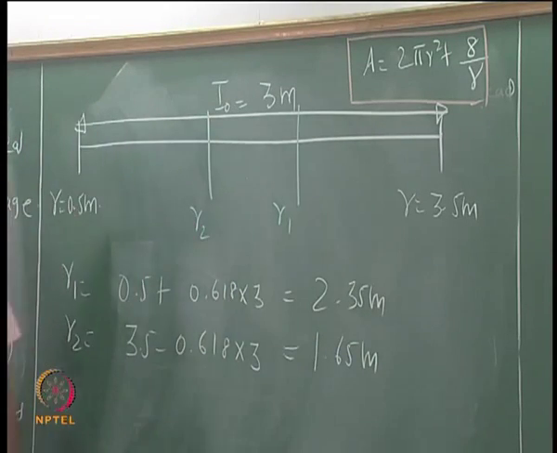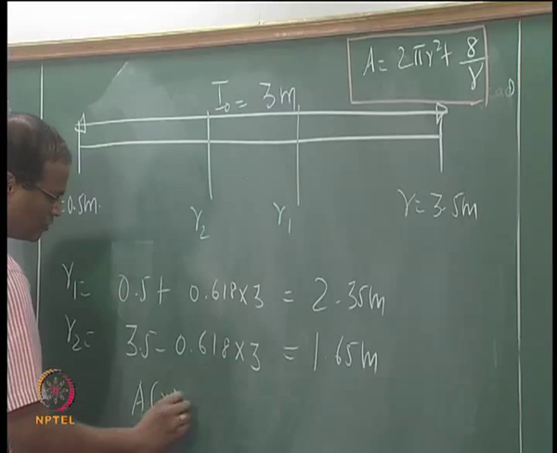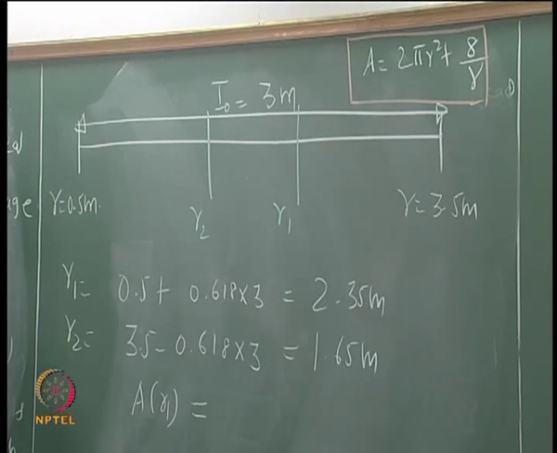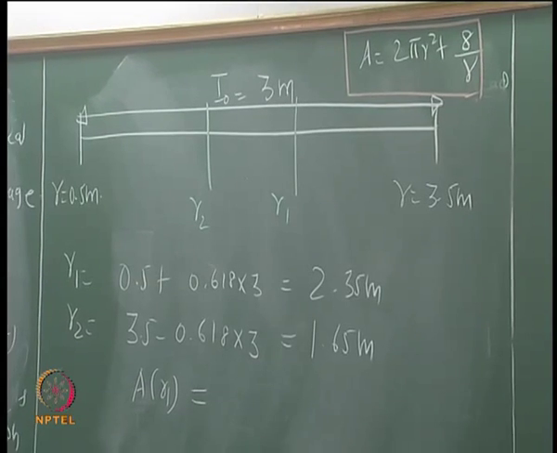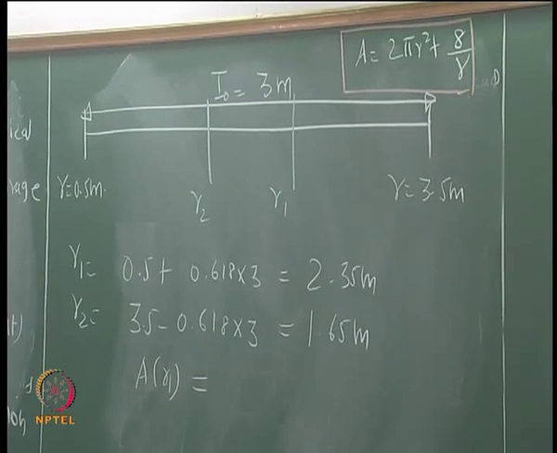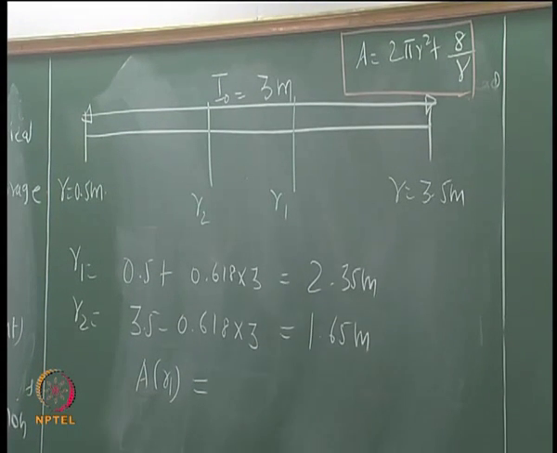If you have yesterday's notes, you already have A of R1 and A of R2. A of R1 is 38.1 meter square.